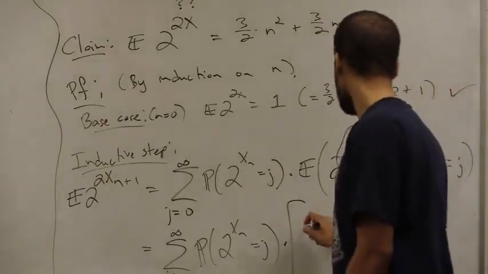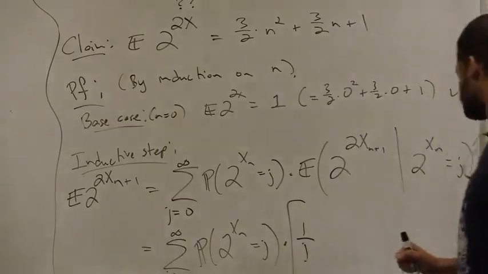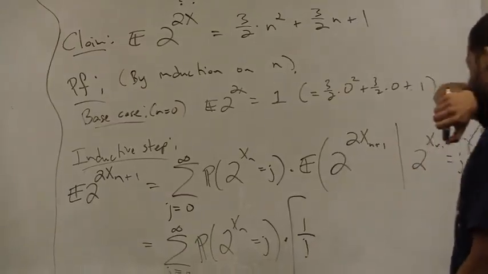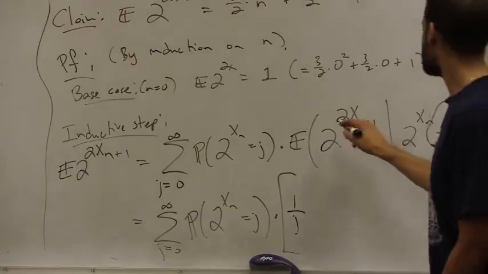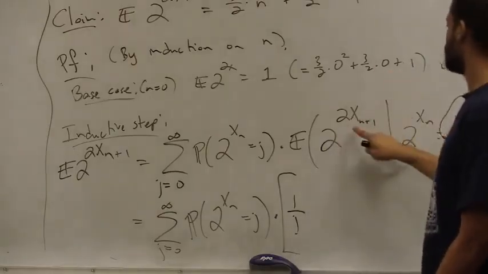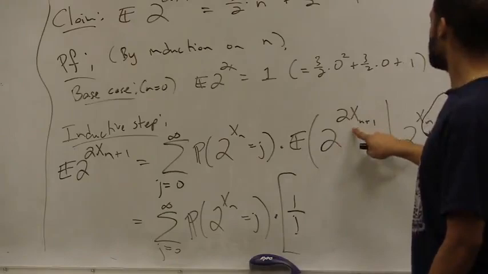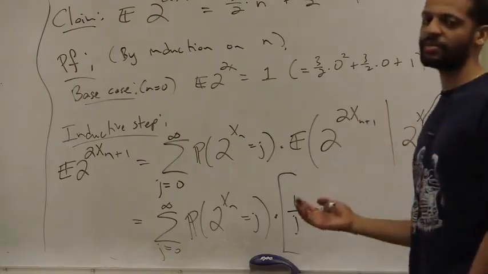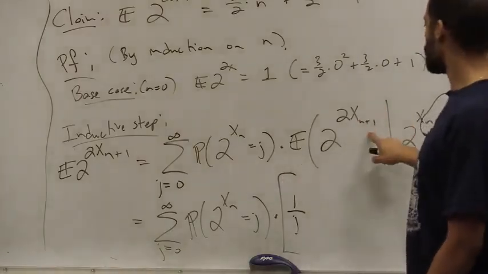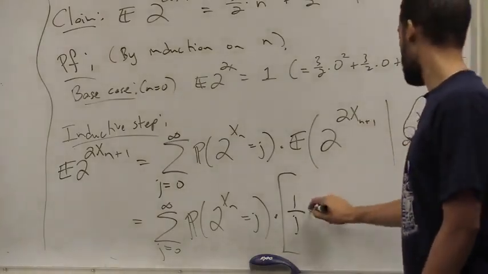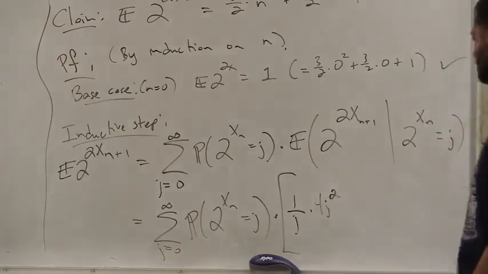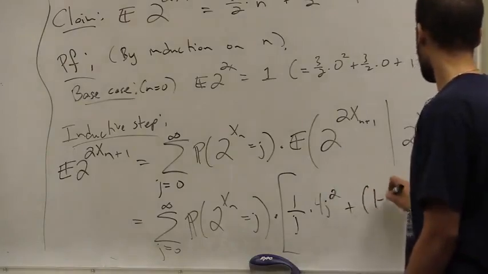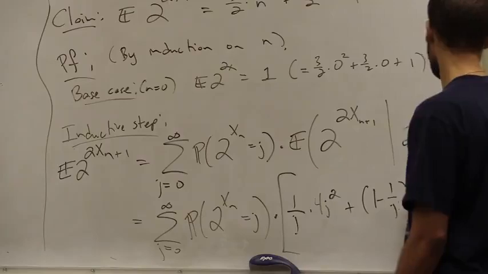If we do increment, then 2 to the x doubled, and then we squared it, so it quadrupled. So times 4j squared, plus 1 minus 1 over j times j squared.